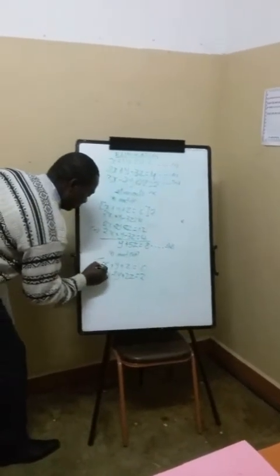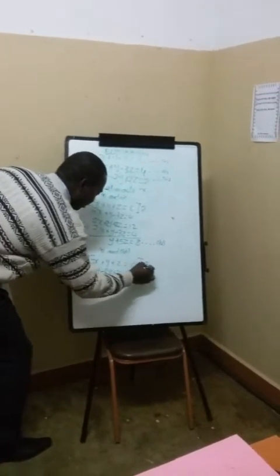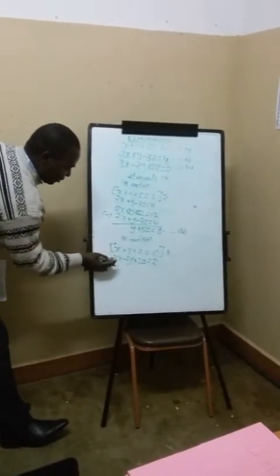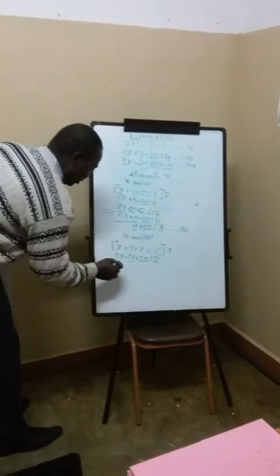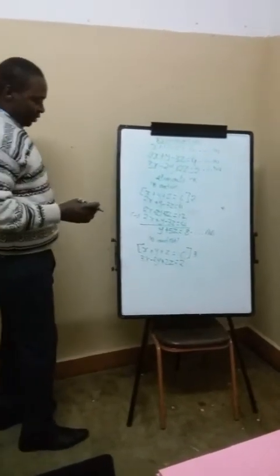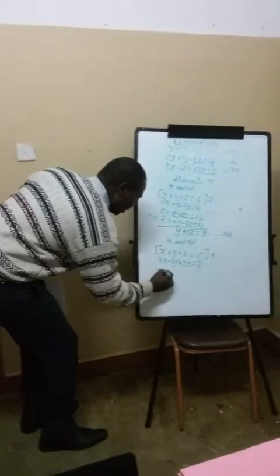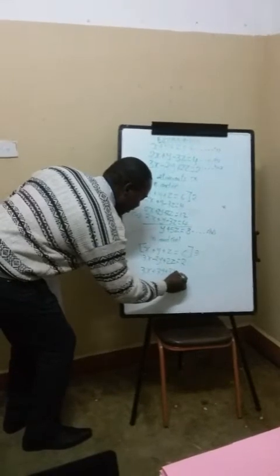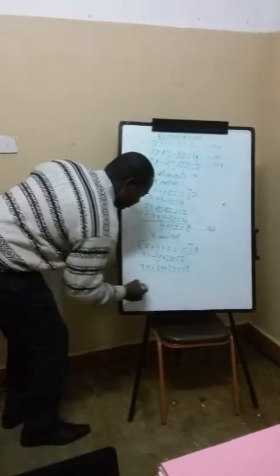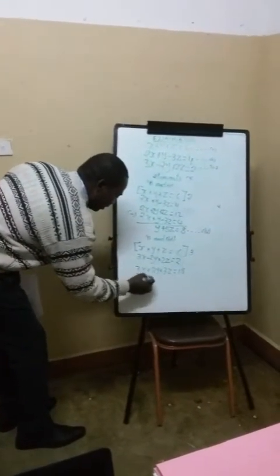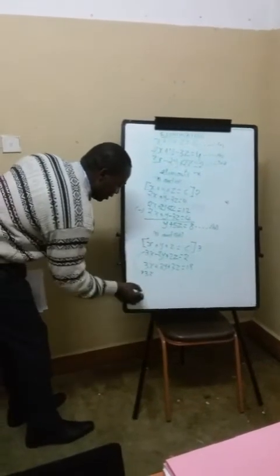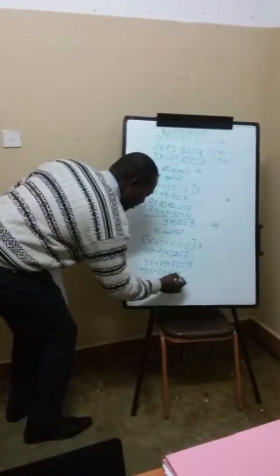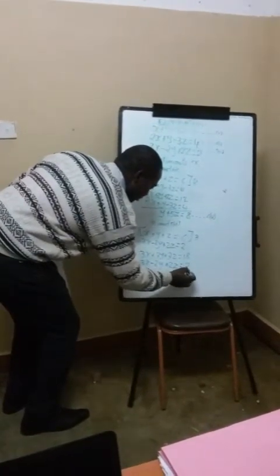In equation 1, we're going to multiply the whole equation by 3 so that the x part will be 3x, so that these two will subtract exactly as we worked on the previous one. So we'll have 3x plus 3y plus 3z equal to 18. 3x, we shall pick it as it is, minus 2y plus 2z is equal to 2.